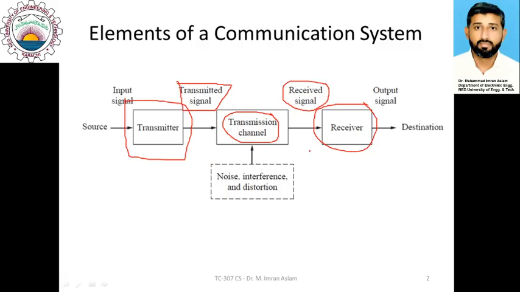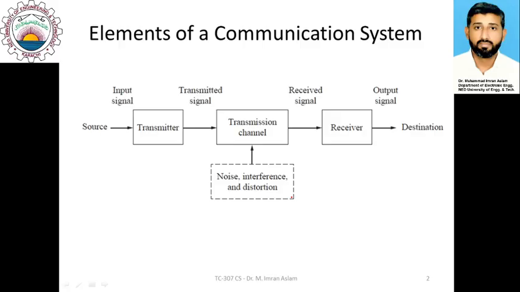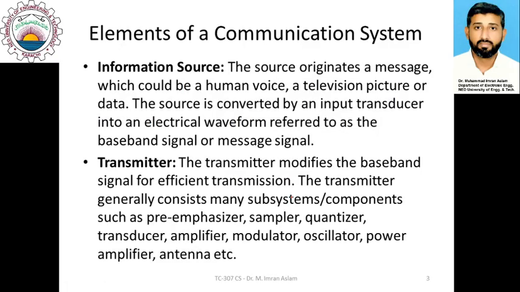So after the original form of information is recovered, we get an output signal which is delivered to the destination. While propagating in communication system, there are certain phenomena which affect the signal propagation, which is illustrated here as noise, interference, and distortion. So let us now individually discuss each part of the communication system.